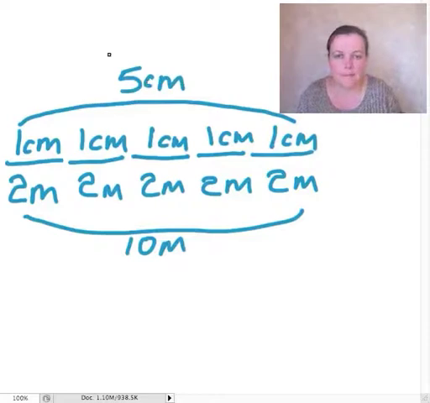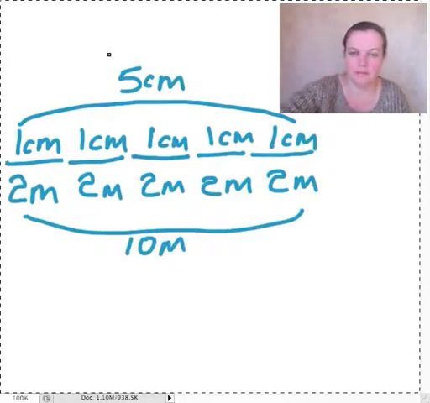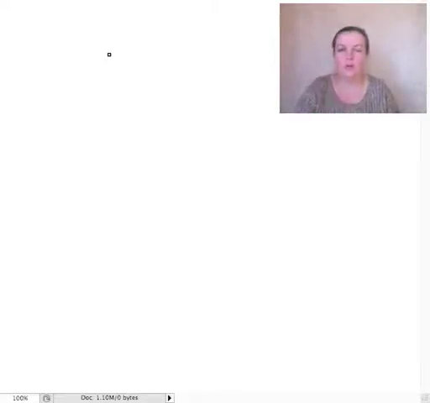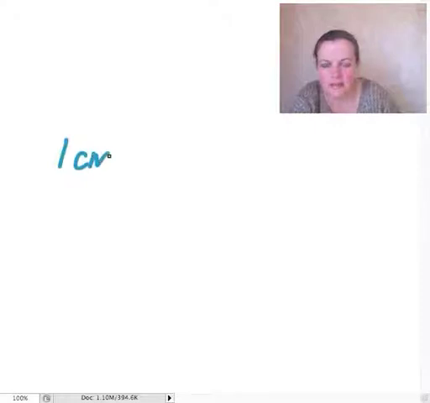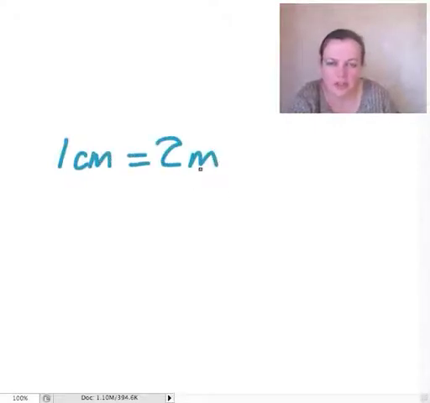Now, for those that have a more mathematical inclination, you will automatically be able to see that if 1 centimetre equals 2 metres in real life, we want to change this to 10 metres.